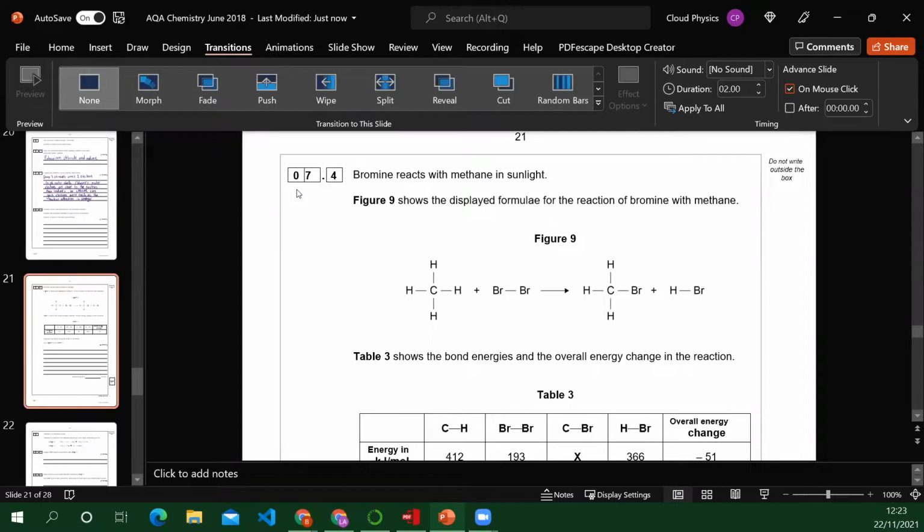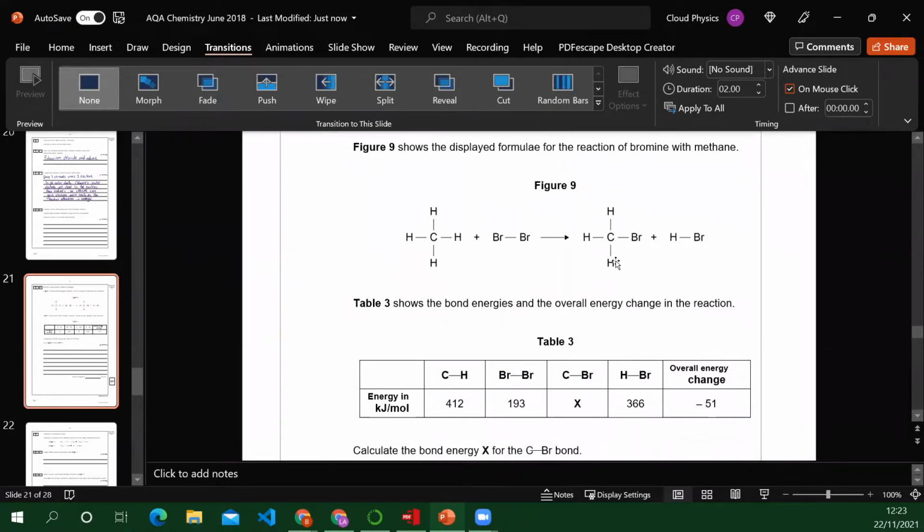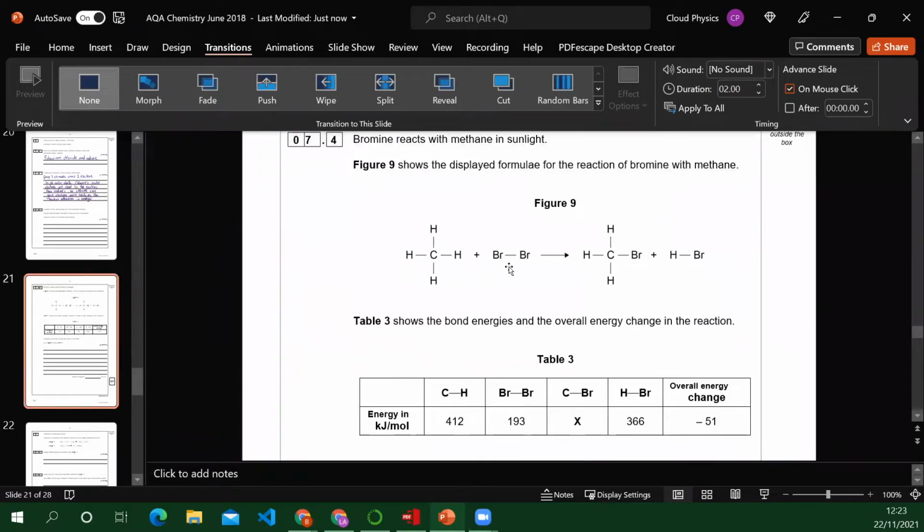So we've got a hydrocarbon reacting with a halogen. You've got methane reacting with bromine, Br2, remember? Br2 goes to a haloalkane, and HBr.